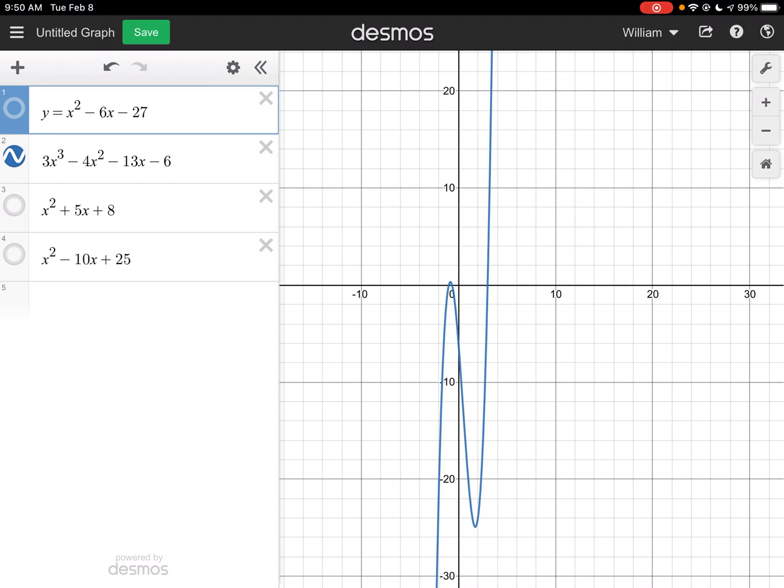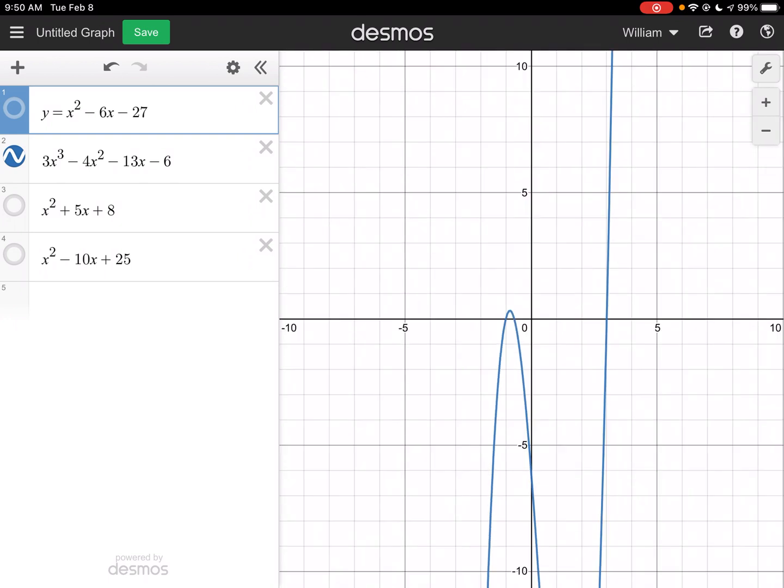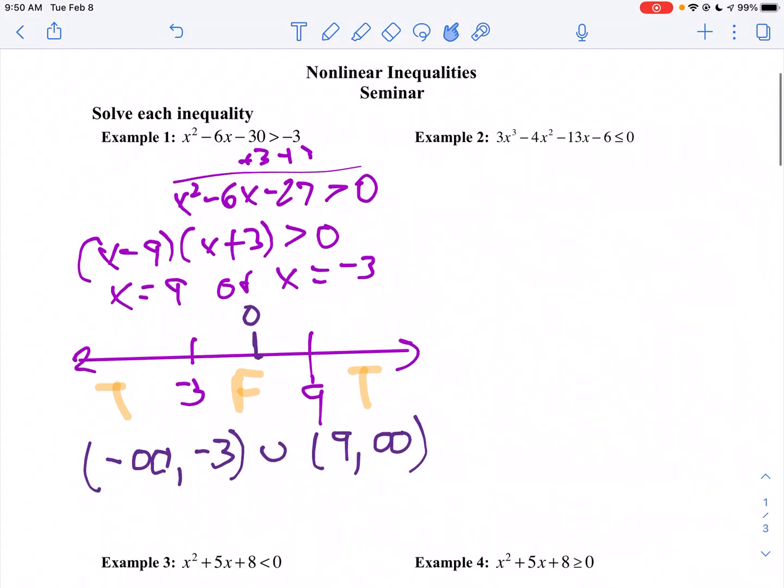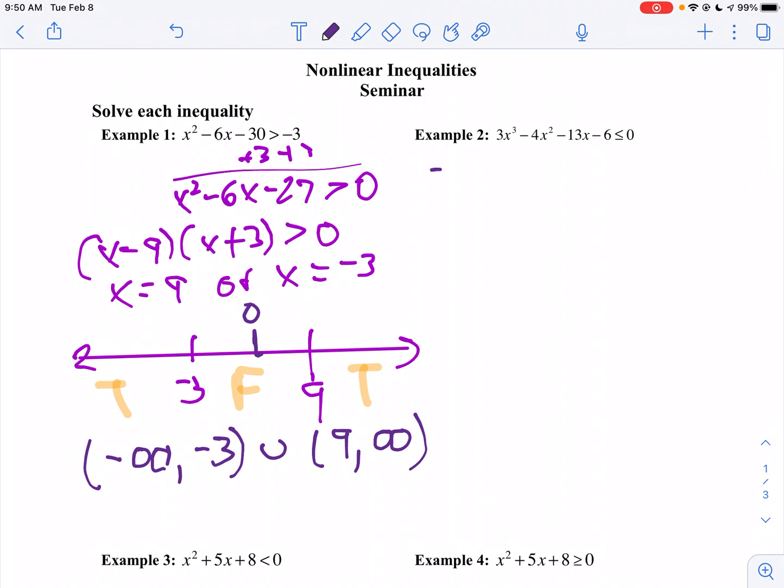okay, here's my graph, and let's zoom in a little bit so I can look at my zeros. One of my zeros is at 3, so let's put in 3 for synthetic division. Then I'll go 3x cubed minus 4x squared, minus 13x, minus 6.